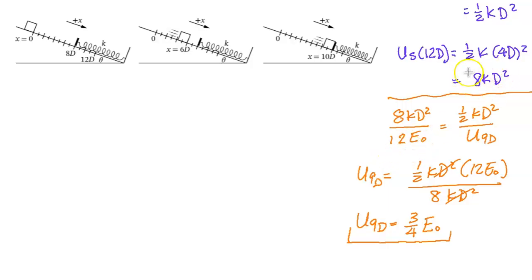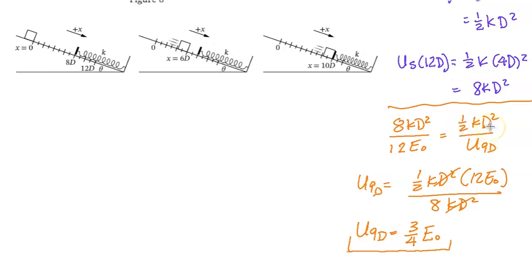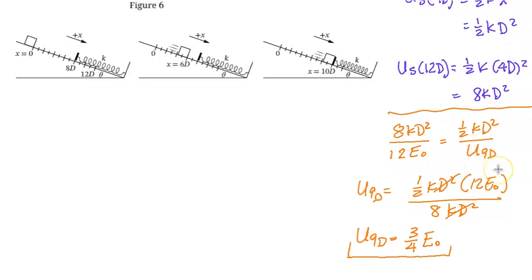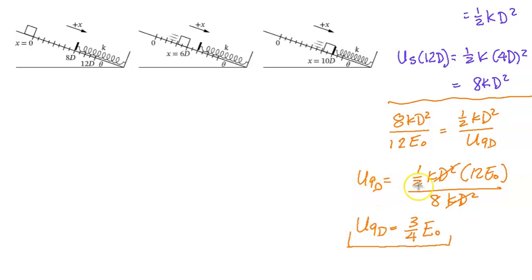So I'm going to equate this 8kD squared to 12 E naught. And then we're going to set up this ratio. So I know that at position 9D, the spring potential energy is 1 over 2 kD squared, but I want it in terms of E naught. So I'm solving for the spring potential energy at position 9D. So U9D is going to equal, and I cross multiplied, and then I move the 8kD squared to the other side, and here's what we get.